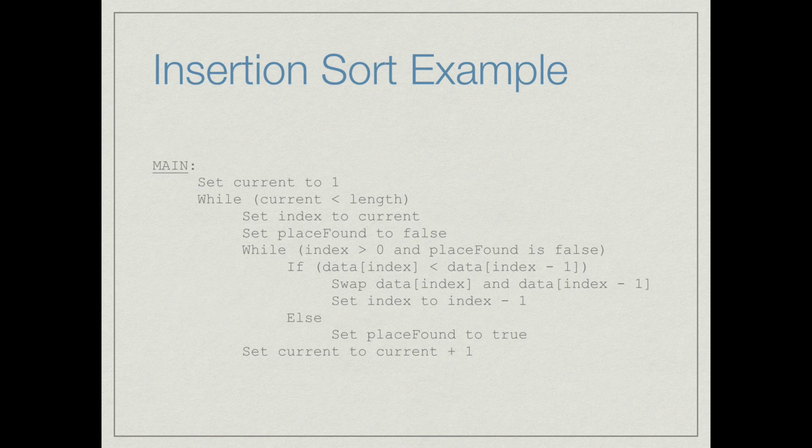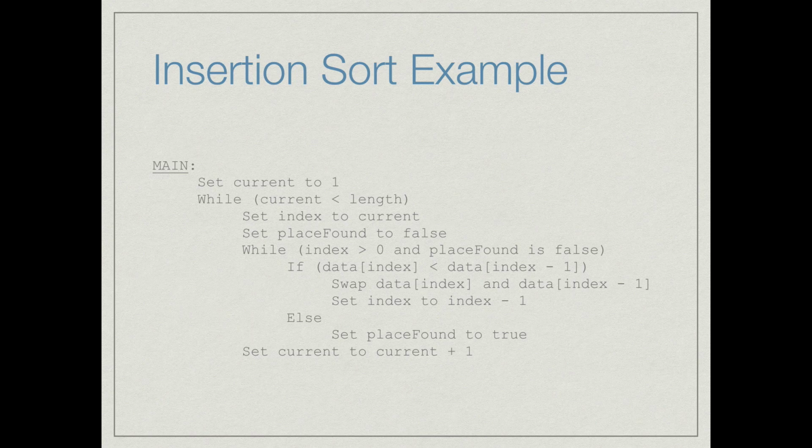So starting with 1, we can compare 0 and 1. So the index that we're looking at is current, which is 1. Place found is not true. So if the data in index, which is 1, is less than the data in index minus 1, which is 0, then we swap them. Okay? And move on to index 0.